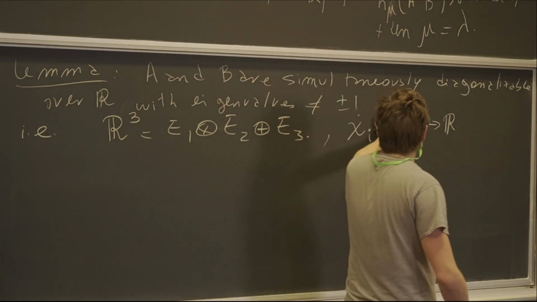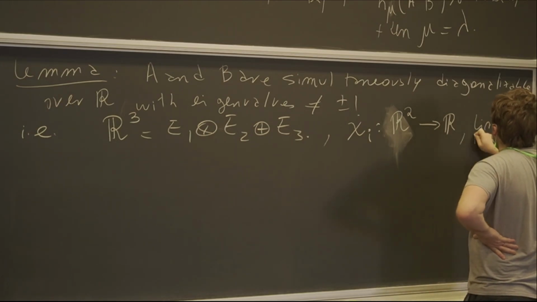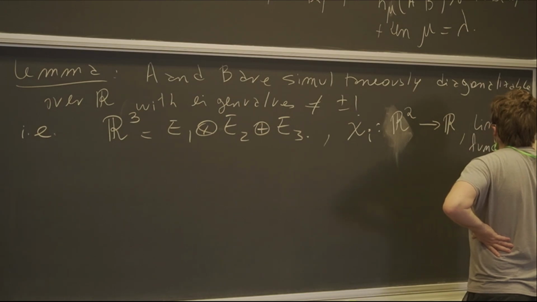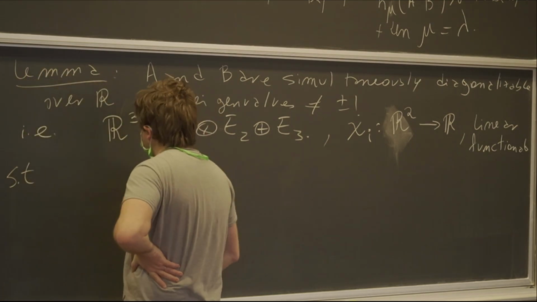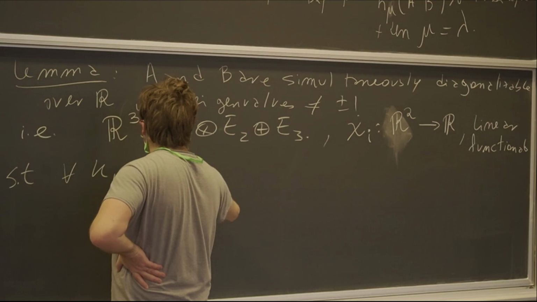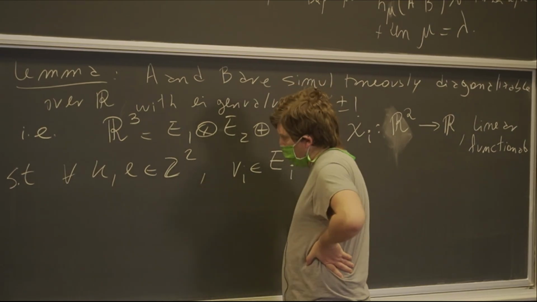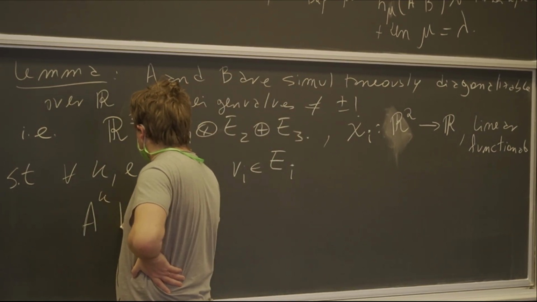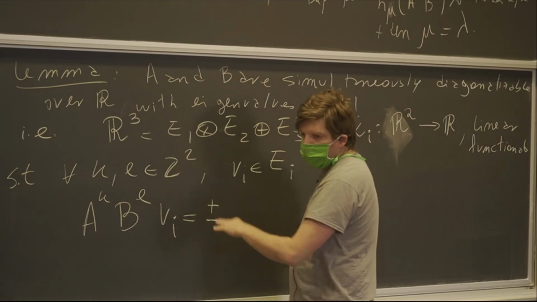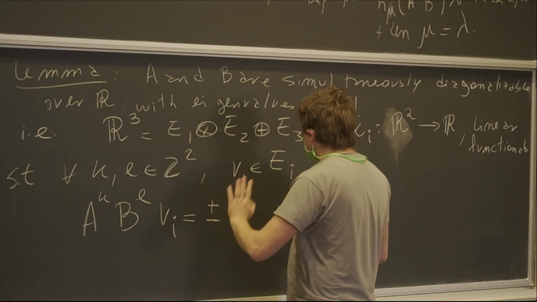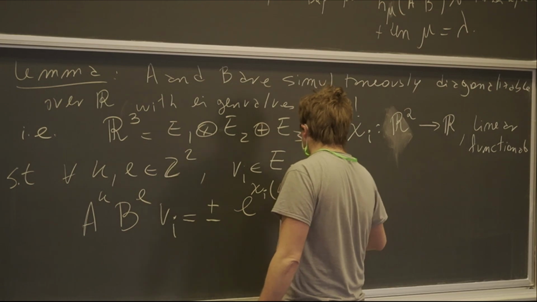Actually, I can make them go directly from R2 into R linear functionals such that for every K and L in C squared and Bi in this space EI, if I do A to the K times B to the L times this vector Bi, this is plus or minus, depending really on K and L. You can always do something to get rid of it, but let's keep it, e to the chi I of KL times Bi.